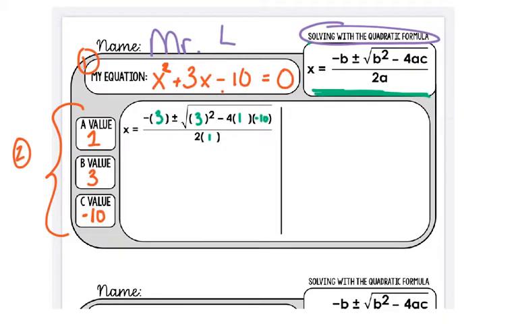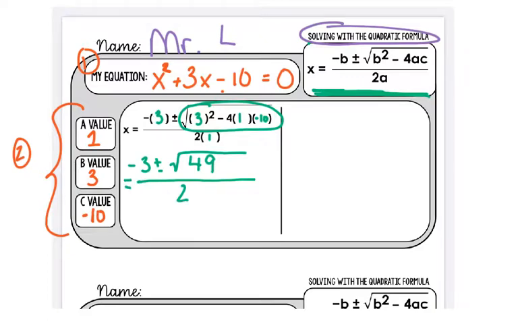So if we go back to our template, I'm going to keep my negative 3 plus or minus. I'm going to have my square root here. And since we just figured out that all of this was 49, I'm going to put 49 in here. And then 2 times 1 in the denominator is simply 2. Okay?